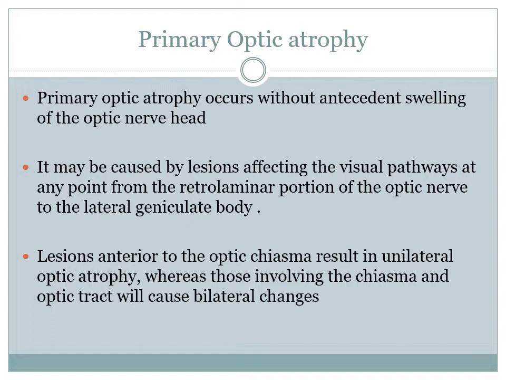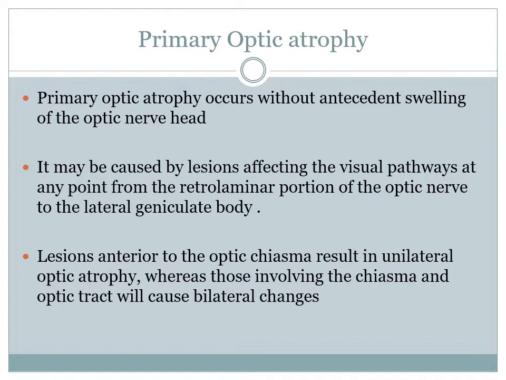So I will repeat this: there is no previous damage to the optic nerve head in the form of swelling, that is papilledema, or in the form of inflammation, that is papillitis, but the optic nerve undergoes direct degeneration and atrophy. This is known as primary optic atrophy.